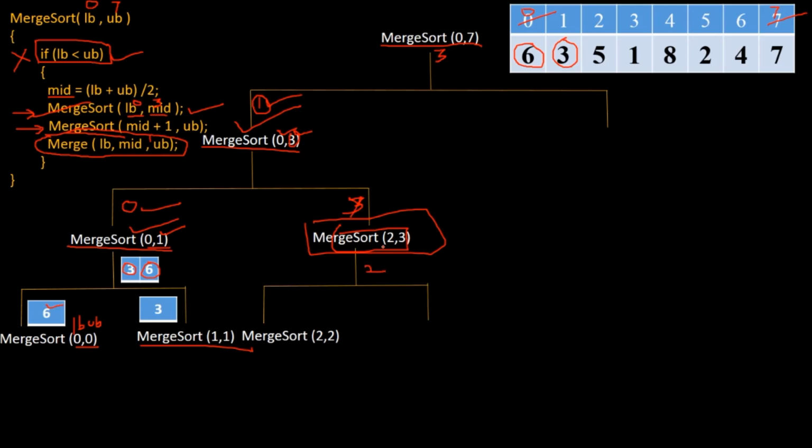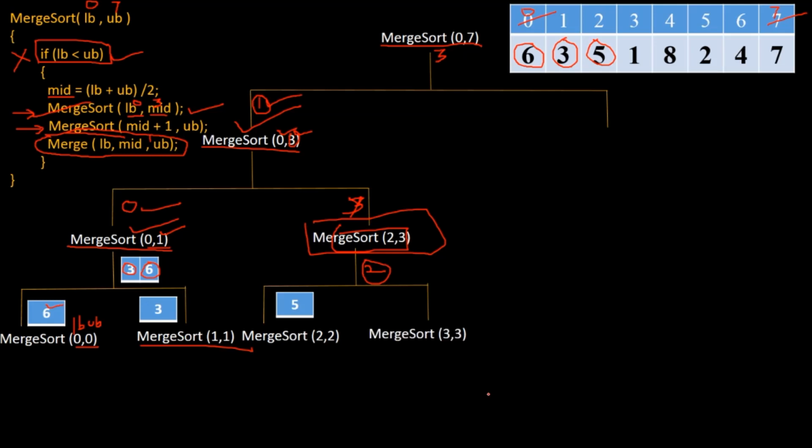So here we got the 2 value, right? So again it will call this function with lb. What is the value of lb? Lb is 2, up to mid. What is the new value of mid? That is 2. Hence it will call 2 comma 2. So its left is also completed, because for 2 comma 2 this if will be false and it will return only one value, that is 5, right?